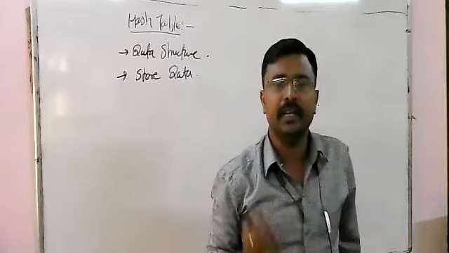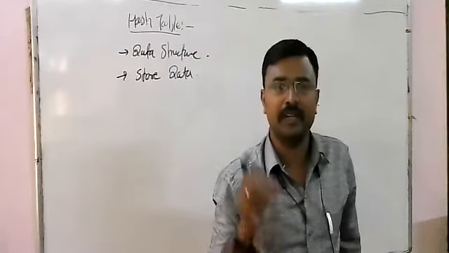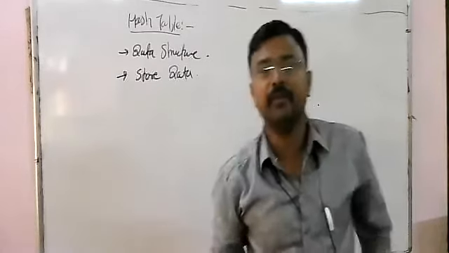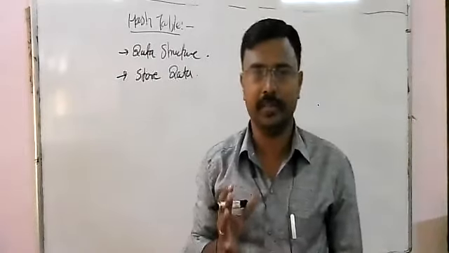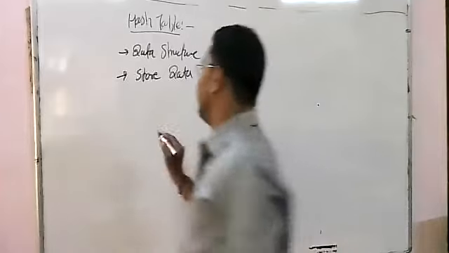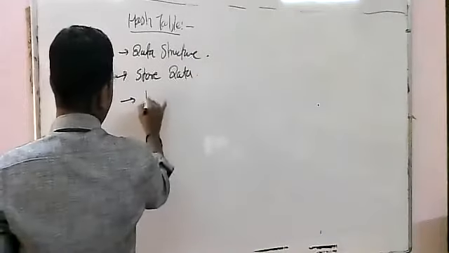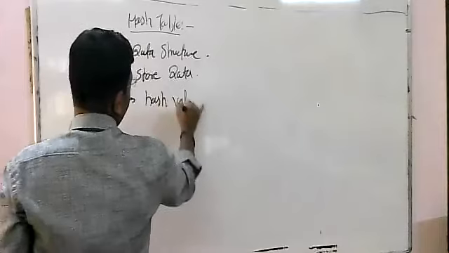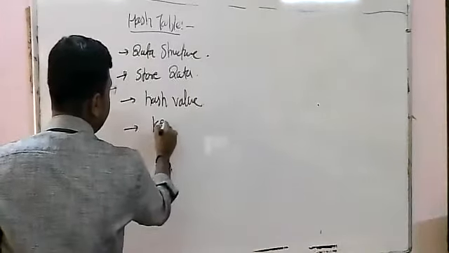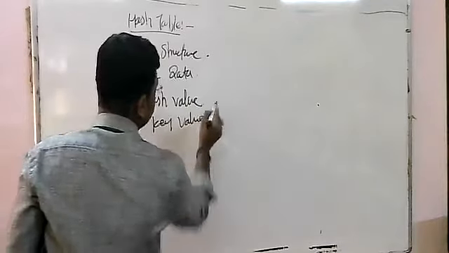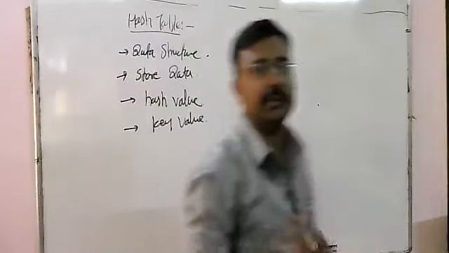Here data is stored in the form of a table which has two fields. In that, the first field is your hash value, and another field is a key value.